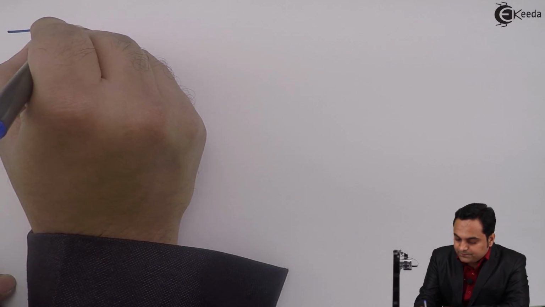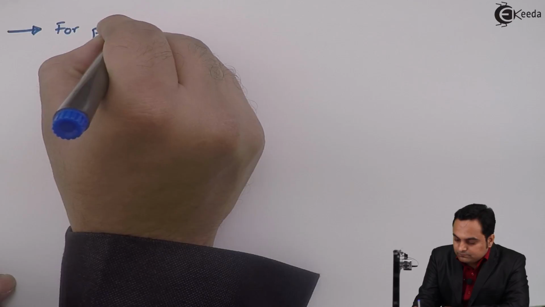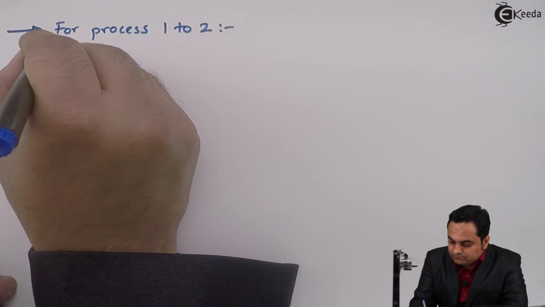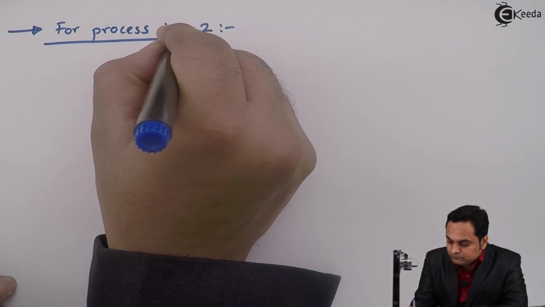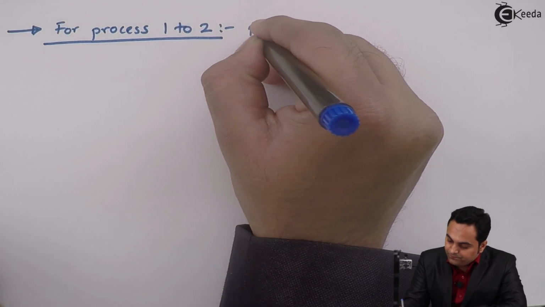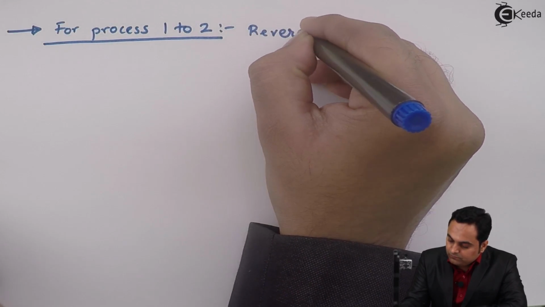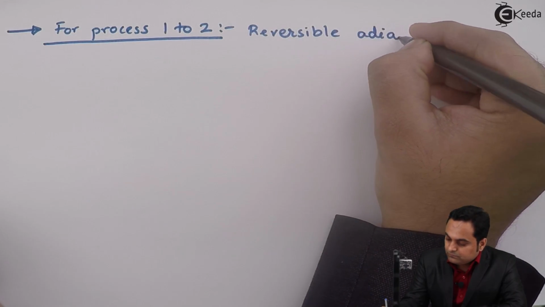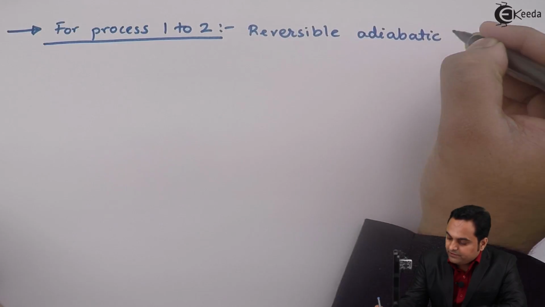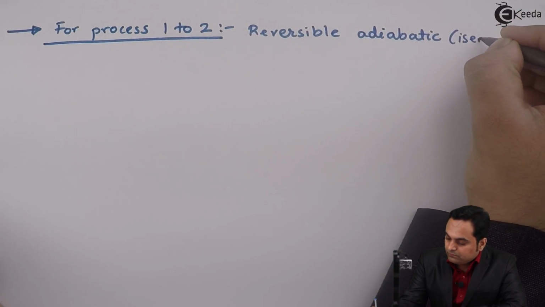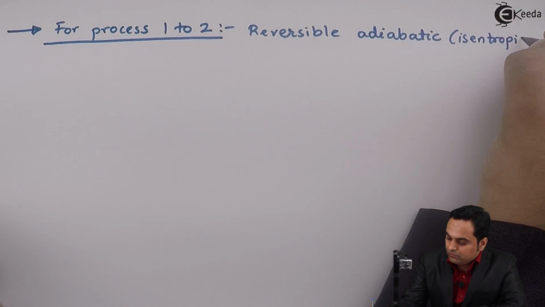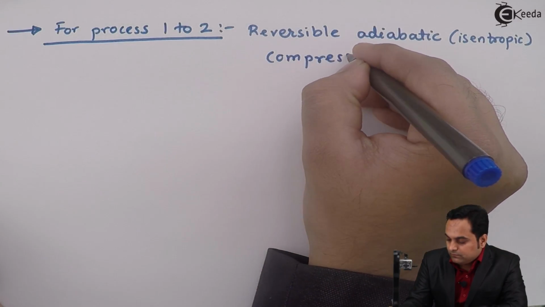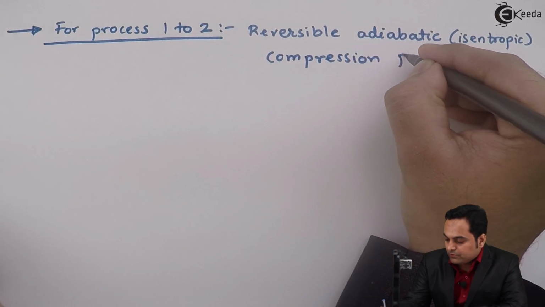For process 1 to 2, which is a reversible adiabatic or isentropic compression process.